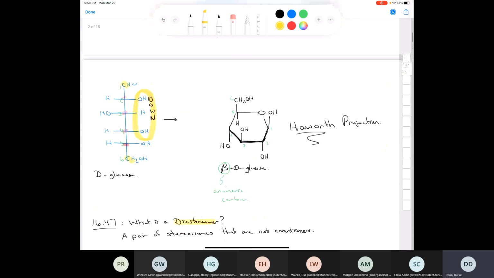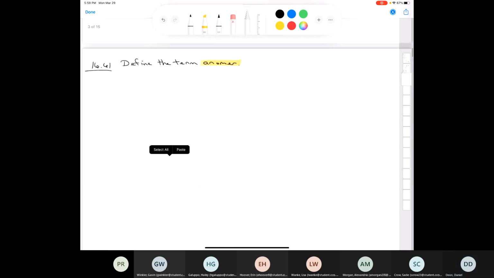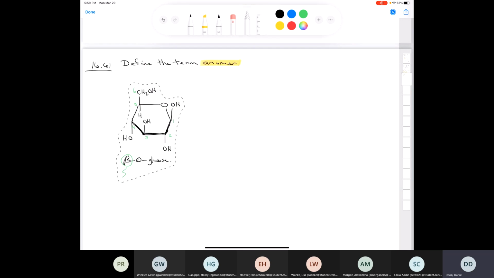sugars, so let me go back and copy my Haworth projection of my beta D-glucose. I'll just copy this and use it as an example. I'll paste it here, and I'll paste it here again. Okay.